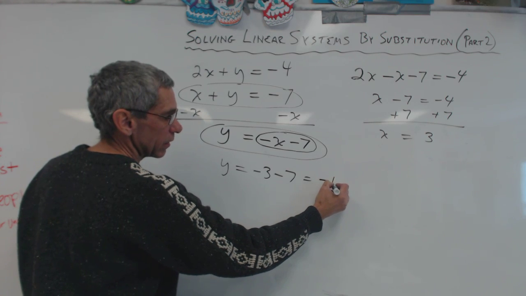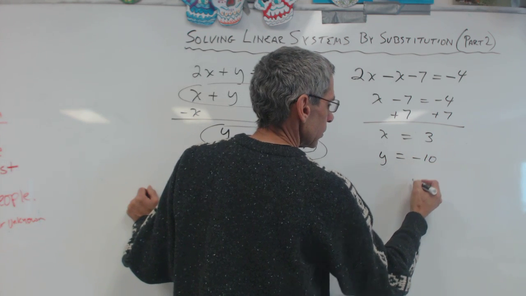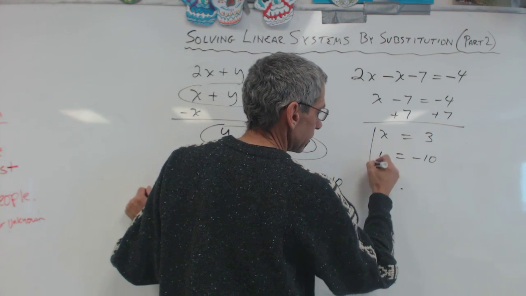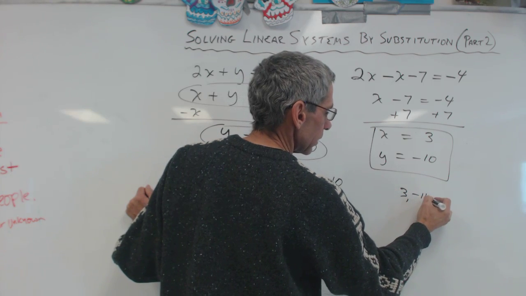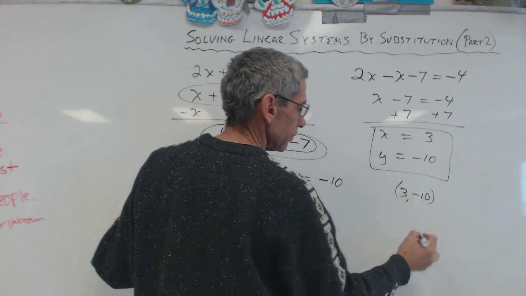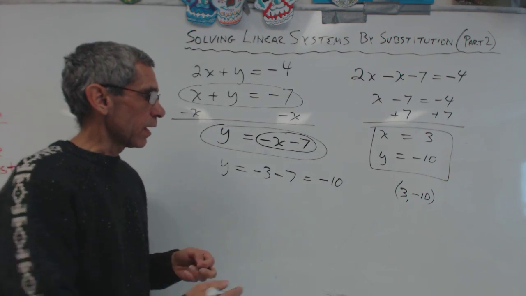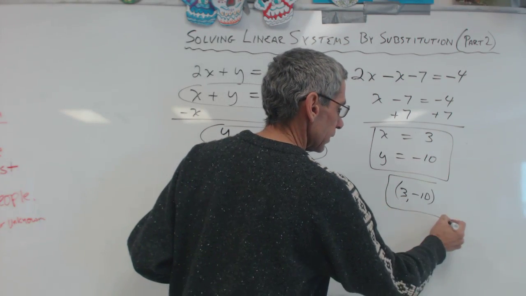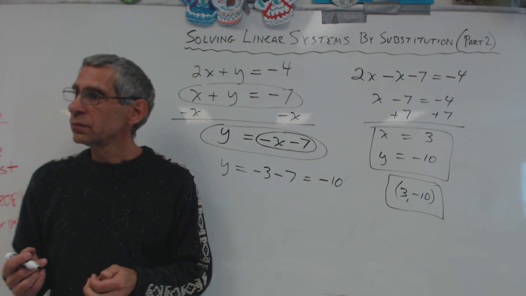Negative 10. Everybody agree? So y is equal to negative 10. So my answer could be either that, or I could say (3, negative 10). Either one of those would be correct. Does that make sense? Fist of 5, you guys get it?